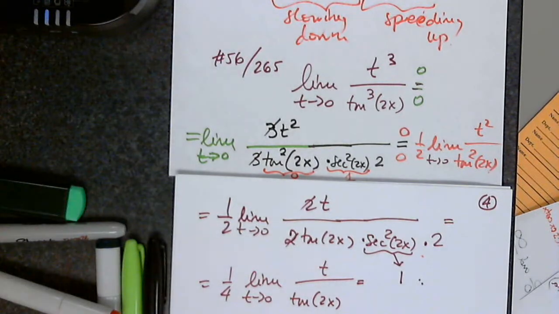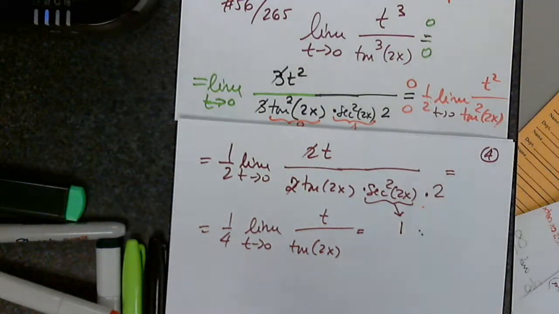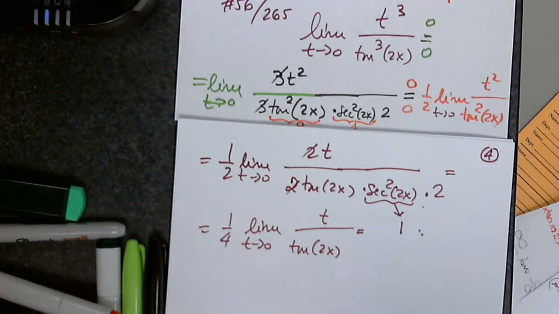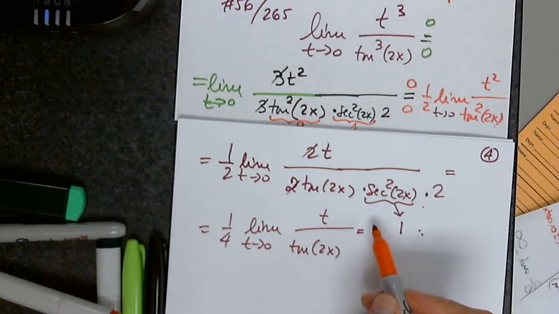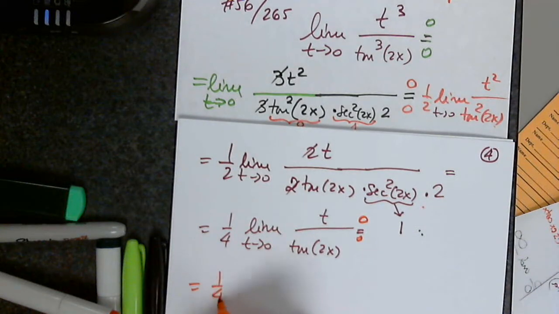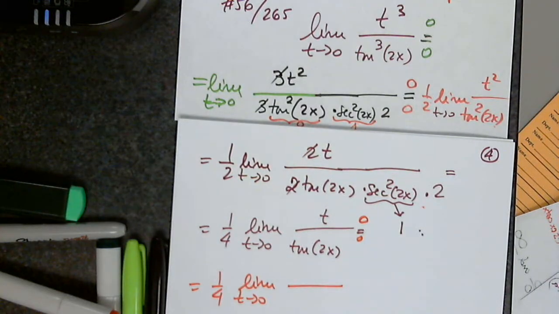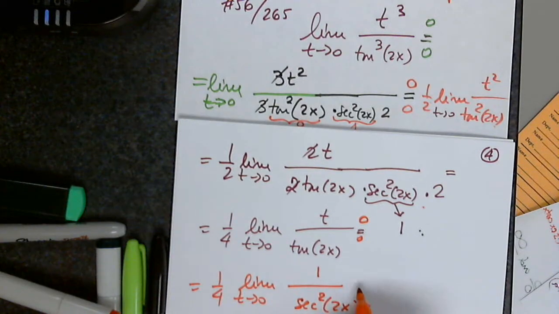I can continue, but before I do, I make sure that I'm still allowed to do the same thing. Am I still allowed to do the same thing to it? Yes. Good. So then I have 1/4 in front. Limit as t approaches 0. What is the top? Very good. What is the denominator now? Very good. Secant squared 2t times.